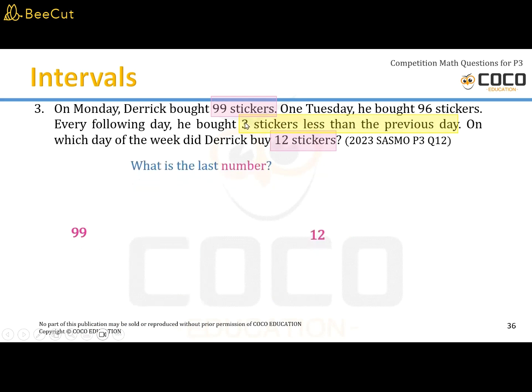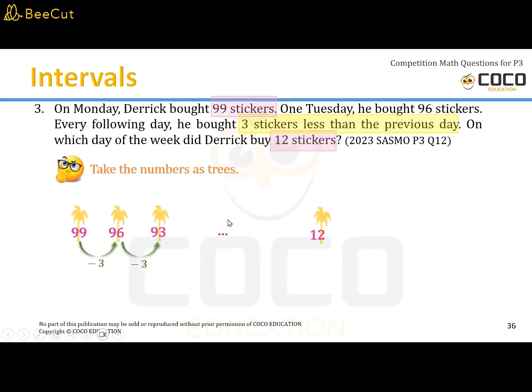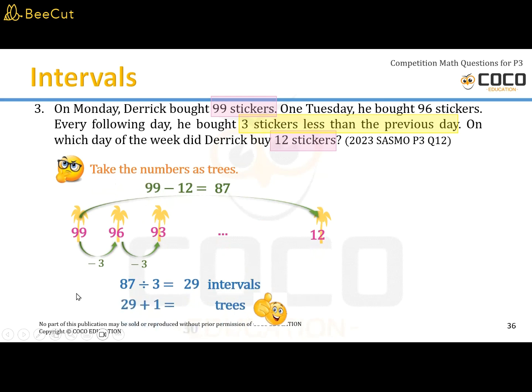The sequence is built up by every day 3 less than before. Then everything is the same as before, each interval 3, and the total distance is still the same. Then we can solve following the previous idea. Then you will find altogether there are 30 days.